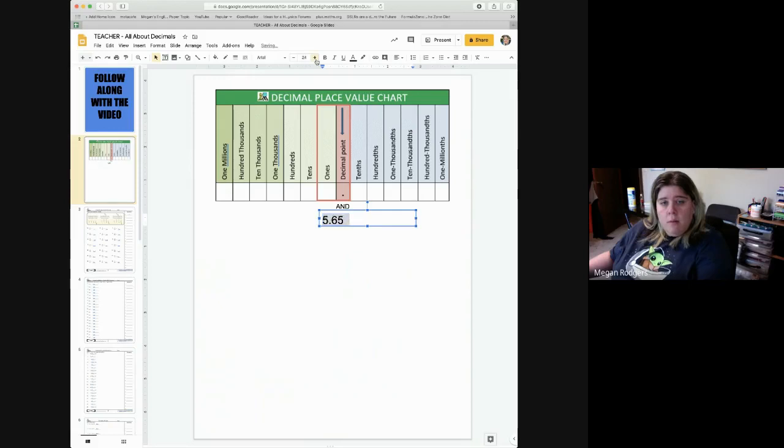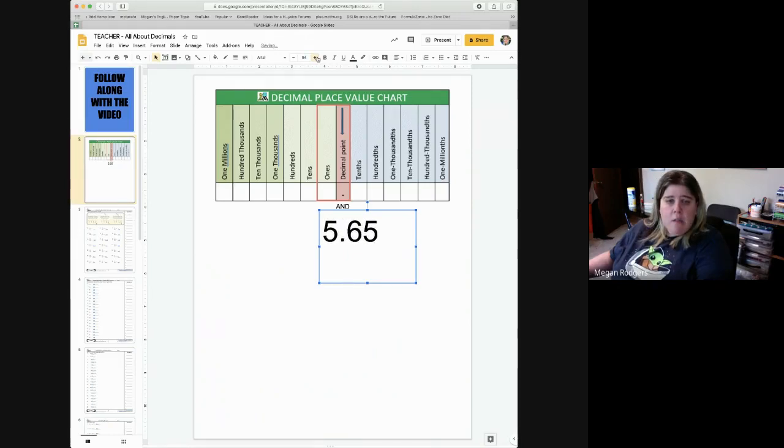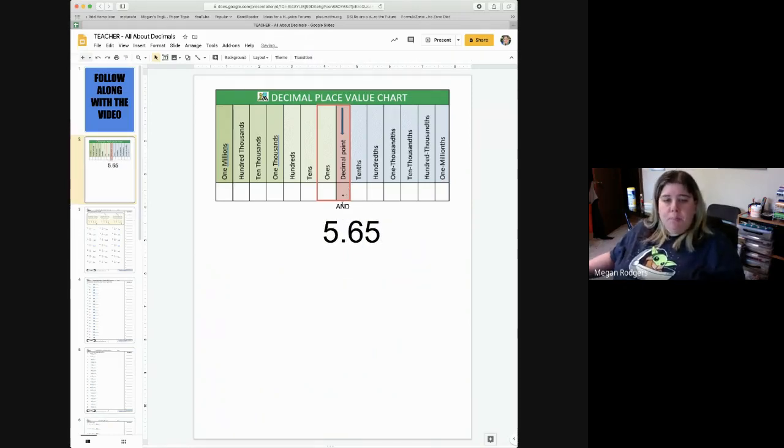I don't know that I'll be able to make it large enough to fit this scale. Closer, closer, closer. Okay, that's about as close as we're going to get. All right, let me move his name up here for us.